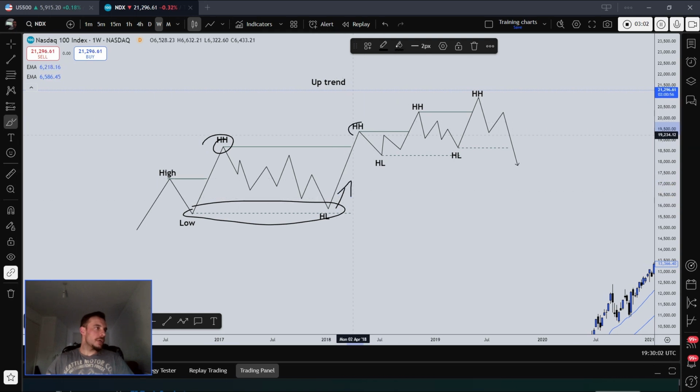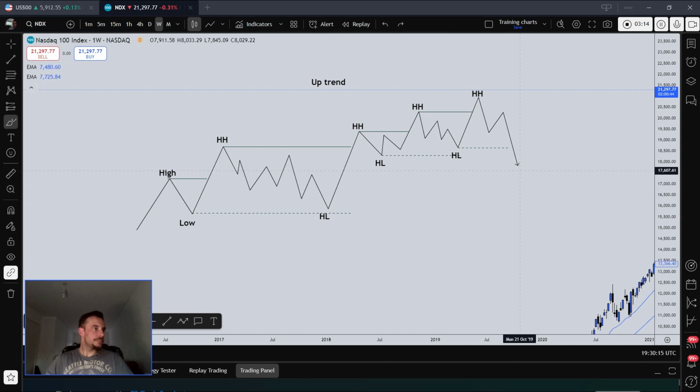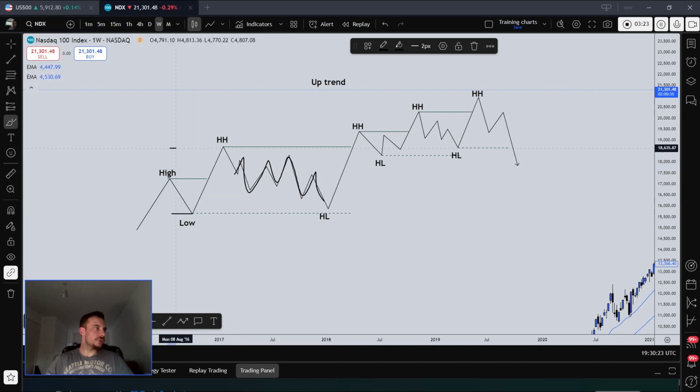Same thing here, higher high, higher low only after the high is formed, and then same thing here. The market could carry on doing higher highs and higher lows inside this market structure, and until that low is broken, we expect the market to continue to go up.